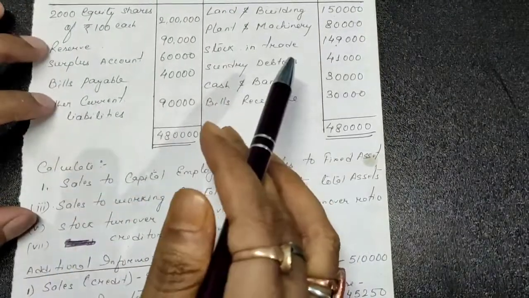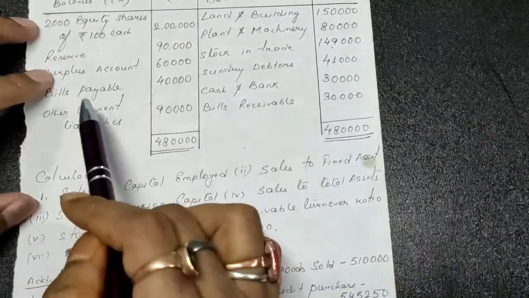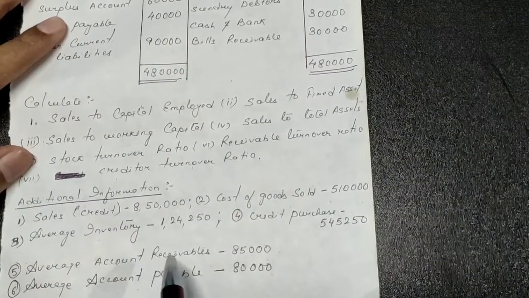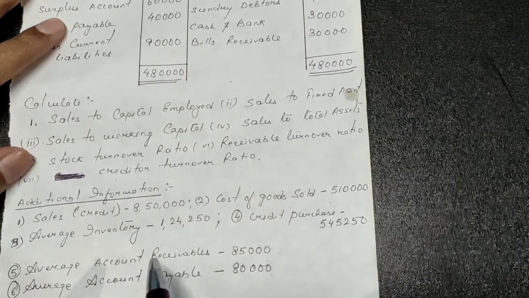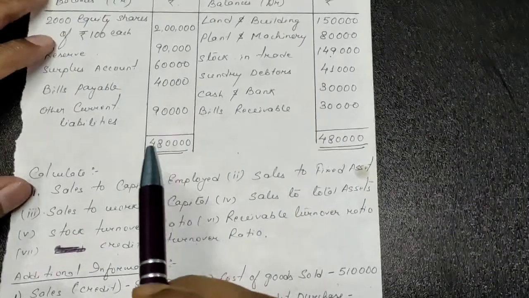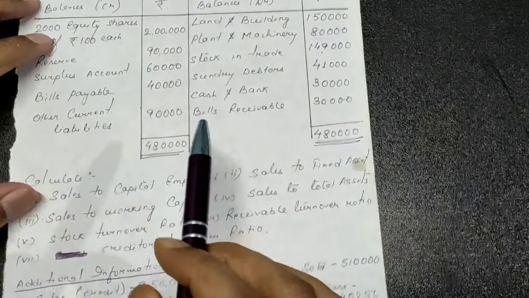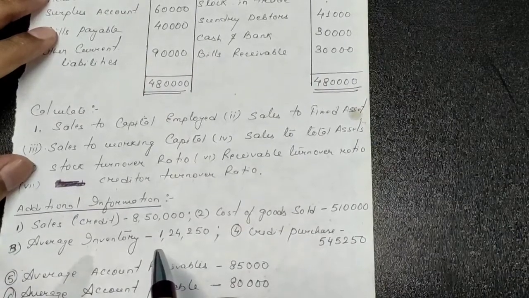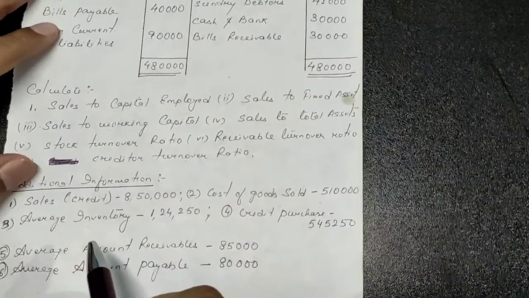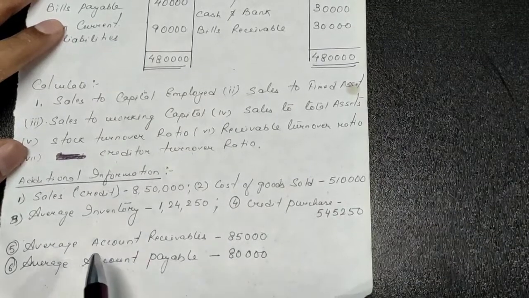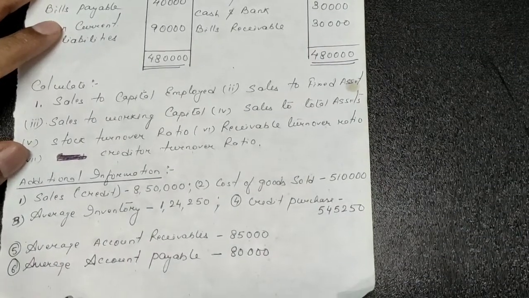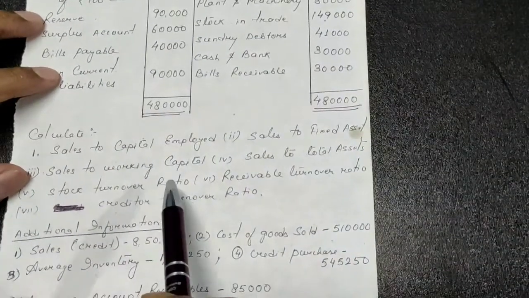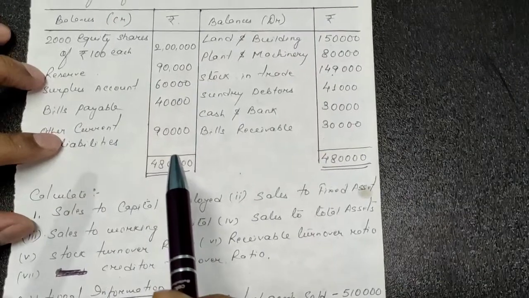No doubt we are going to use the amount from here, but they are also very important. So using these details as well as these details, we will be solving these formulas. Now let us start our solution.